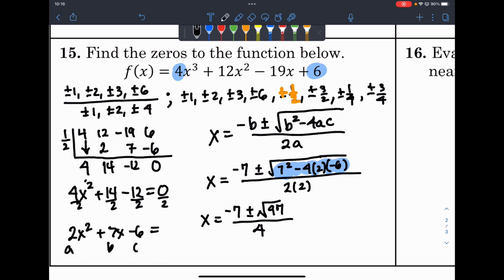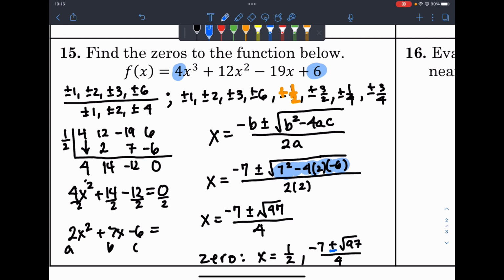So your zeros here are the following. x equals positive 1/2, again the rational one, and then we have these two irrational ones. We have negative 7 plus the square root of 97 divided by 4, and negative 7 minus the square root of 97 divided by 4.